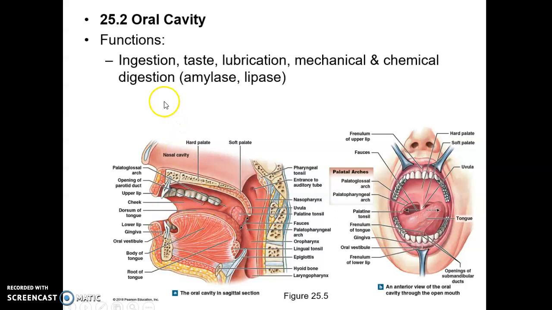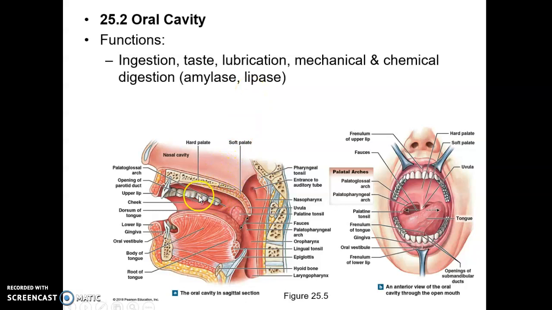And then the chemical digestion begins in the mouth and the oral cavity because of the salivary amylase and lipase that are produced. So ASE endings for enzymes. Amylase starts the chemical digestion of carbohydrates, and lipase for lipid, the chemical digestion of fats, lipids.